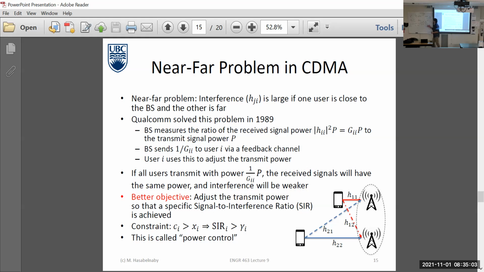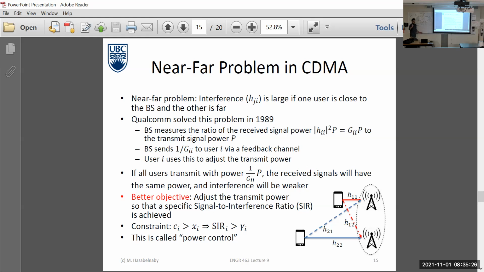The base station will simplify this parameter by saying that it is equal to G11. Then the base station will invert the result of this ratio and transmit it to each user as a feedback signal.